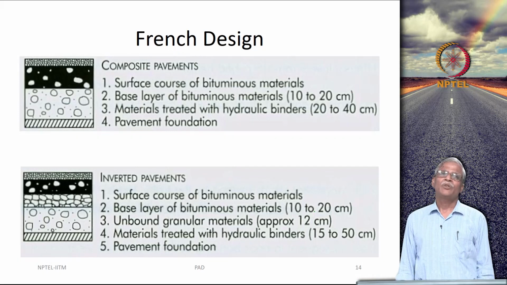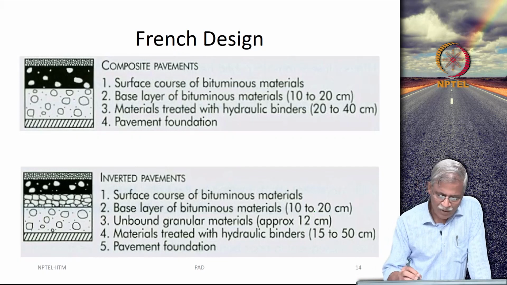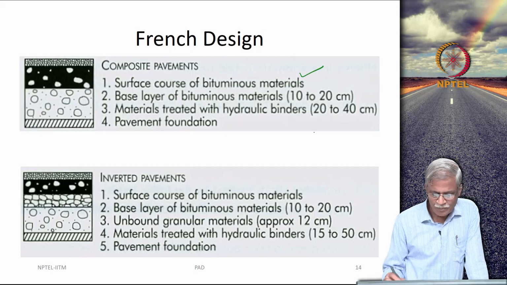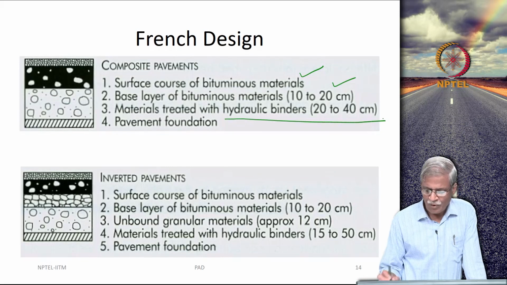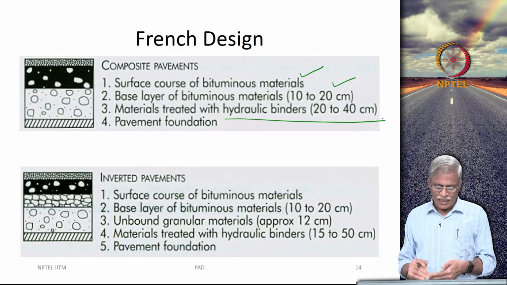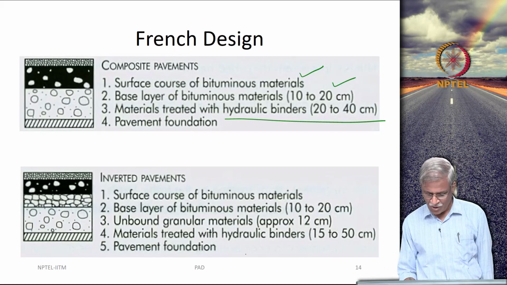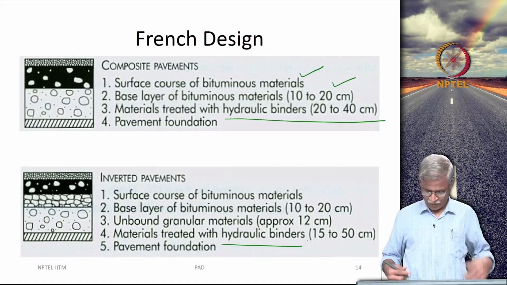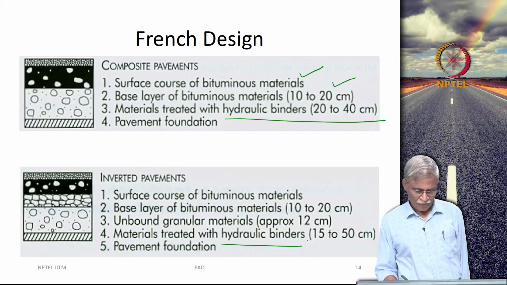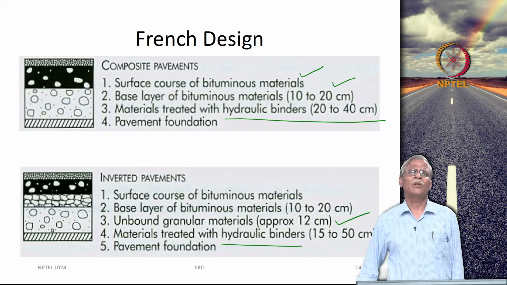In addition to that, the French people also have what is really called a composite pavement. So, you can have a bituminous layer, surface and base, and then you can have a 40 centimeter thick cement treated base. Okay. And again you can have what is really called the inverted pavement, in which you have the material treated with hydraulic binder below, which has a lot more stiffness, and on top of it there is an unbound granular material.